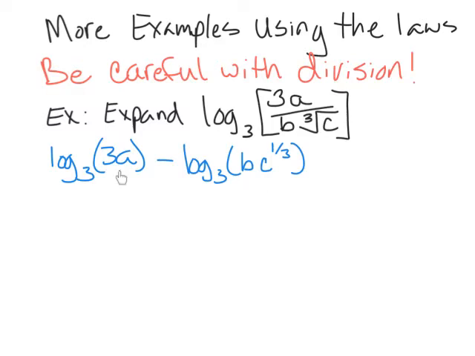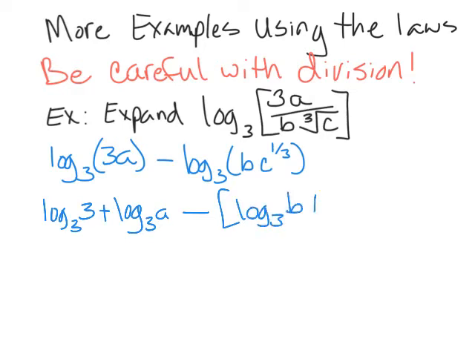Separating out the first one, this is a product, 3 times a, so I can use addition: log to the base 3 of 3 plus log to the base 3 of a, minus, and then over here in parentheses, log to the base 3 of b plus log to the base 3 of c to the 1/3. It's totally okay to leave it like that. I have addition here because the entire thing is in parentheses.